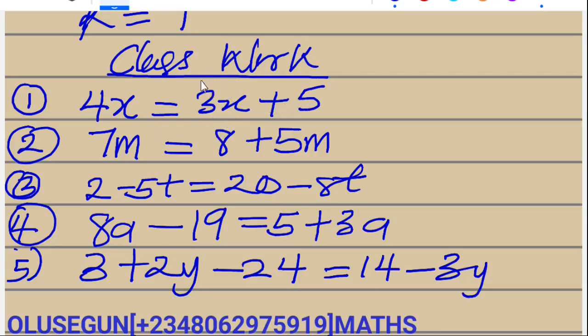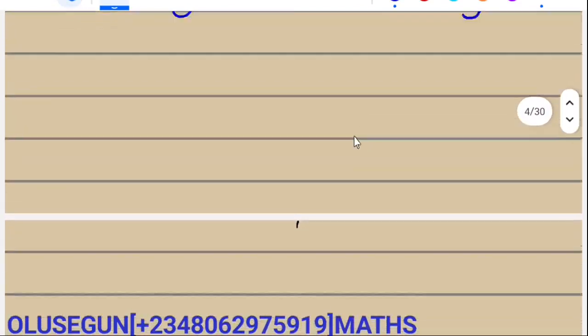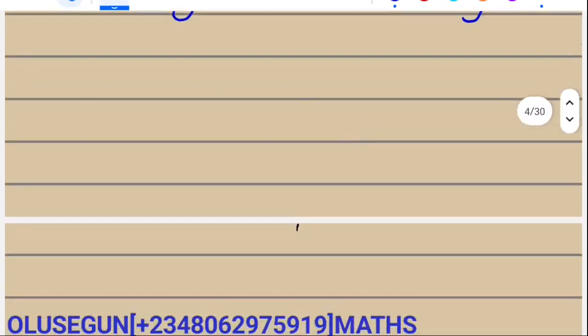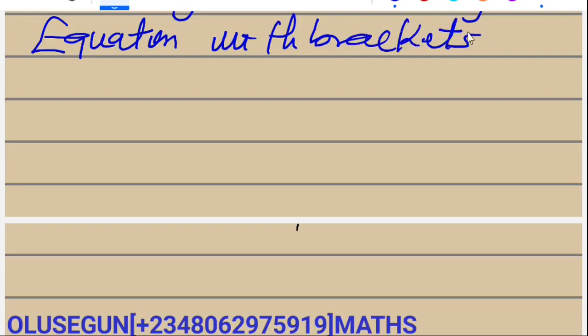So now we are going to another form of equation, equations with brackets. We want to solve equations with brackets.